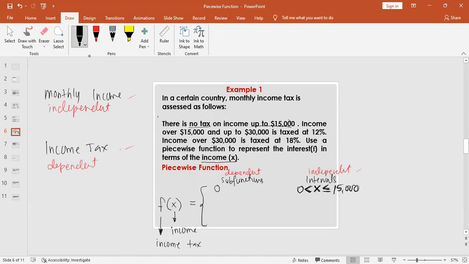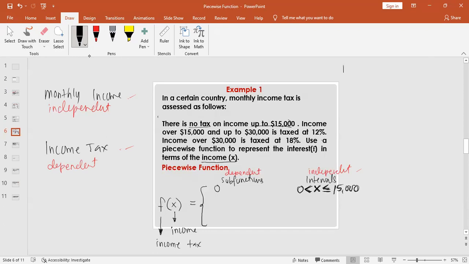Okay, so again, we will consider here the dependent variable, which is income tax. So of course, in the second condition, we have 12%.